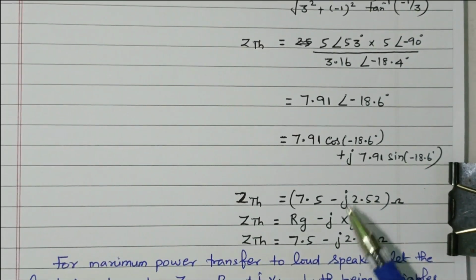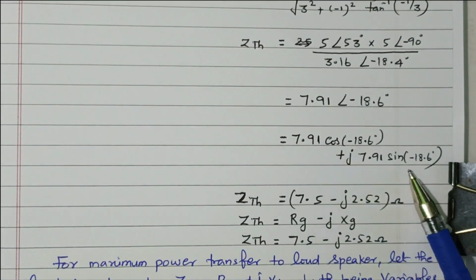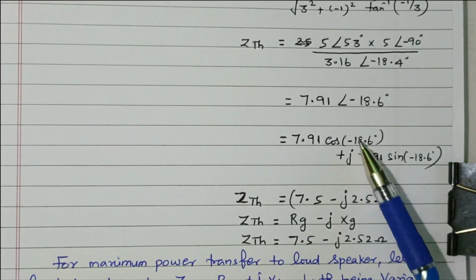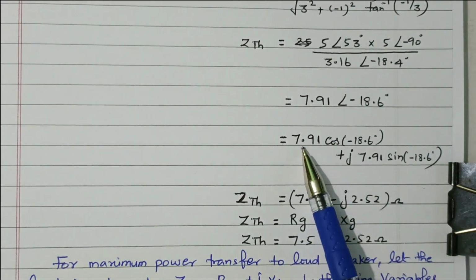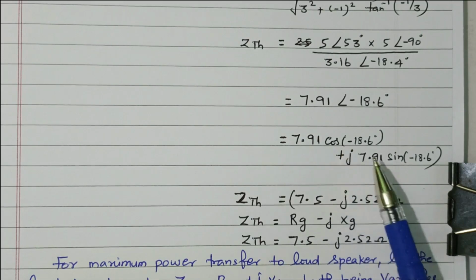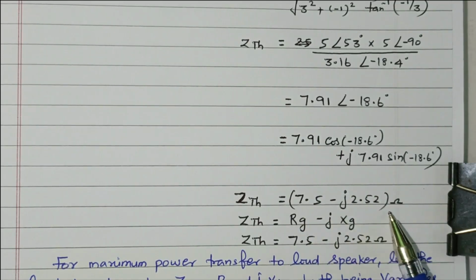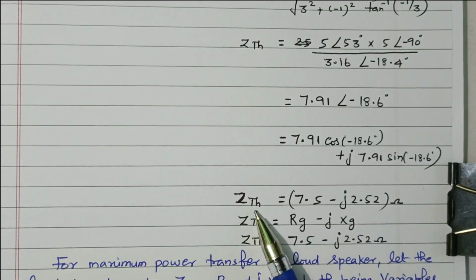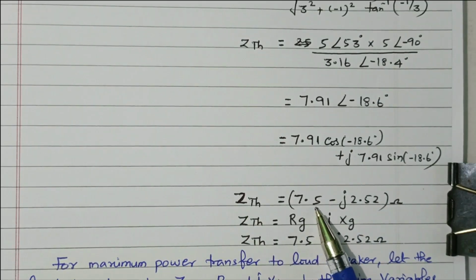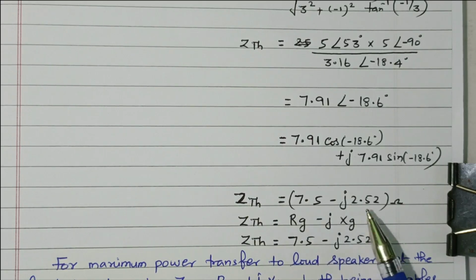We need to find the cos and sine of minus 18.6 and multiply. We got Z Thevenin equal to 7.5 minus j 2.52 ohm.